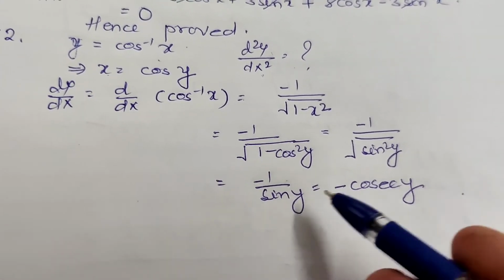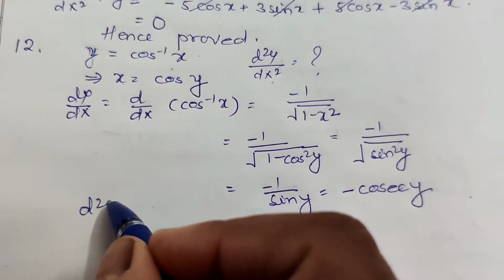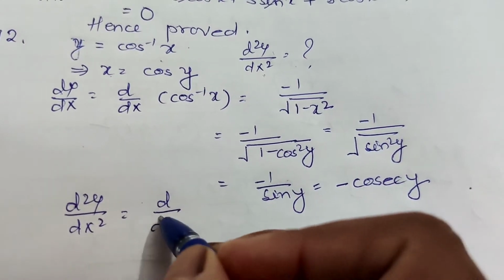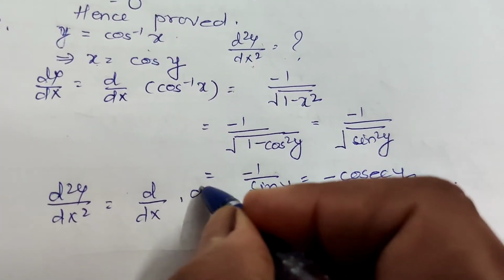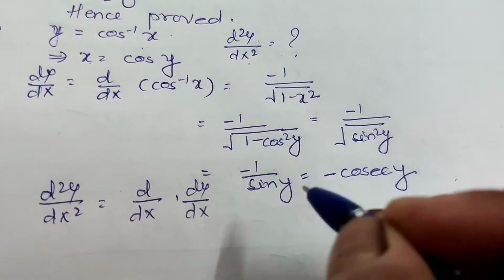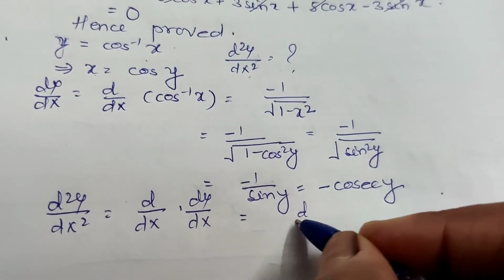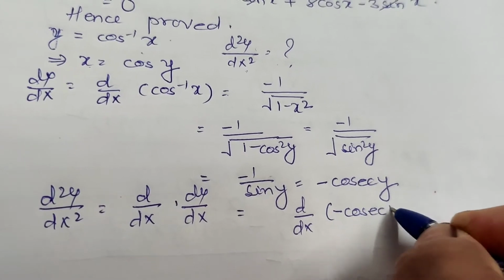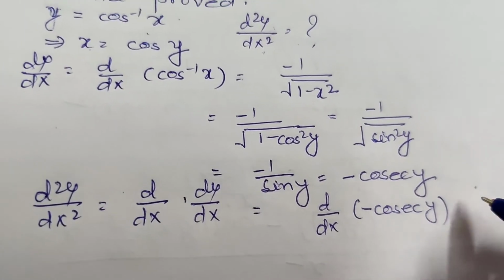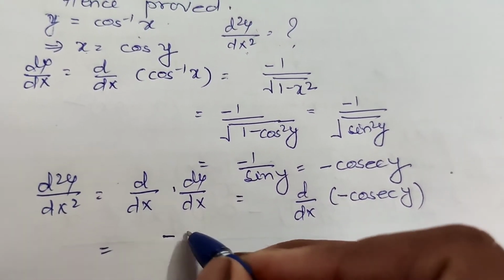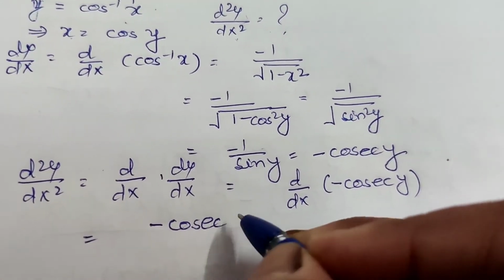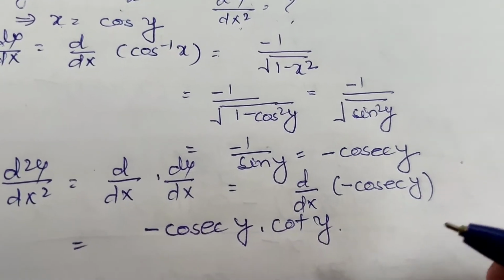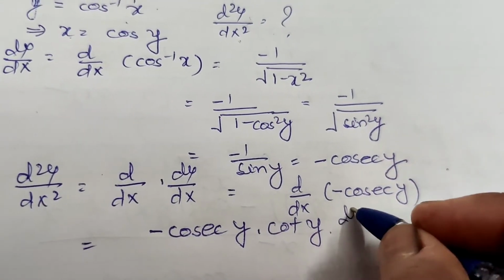Now again differentiate: d2y over dx square equals d over dx of dy over dx, which means d over dx of minus cosec y. The differentiation of cosec y equals minus cosec y cot y, times dy over dx.